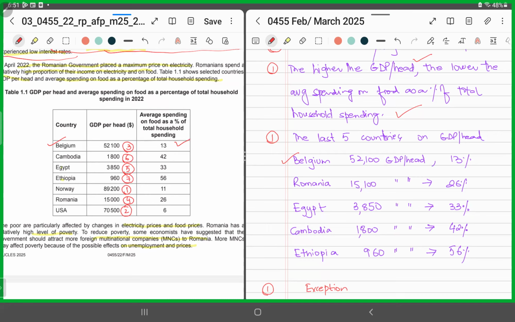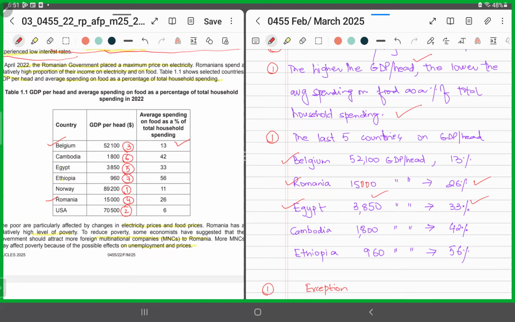Next, it's followed by Romania. Romania was earning 15,000 GDP per head, and its spending on food is 26%. Then it's Egypt, which was earning a GDP per head of 3,850, but the spending on food 33%.